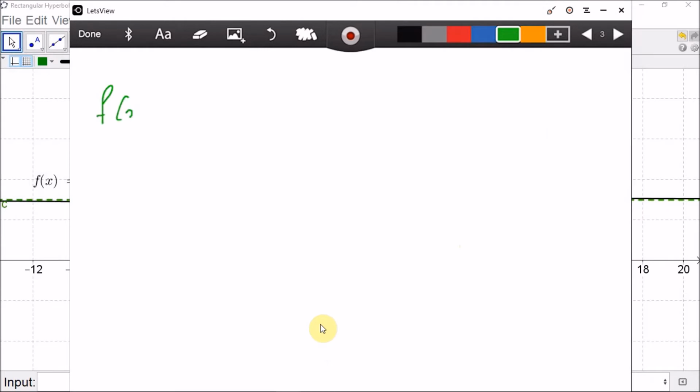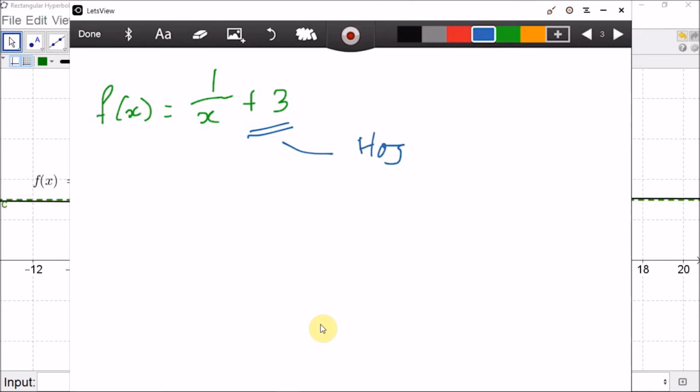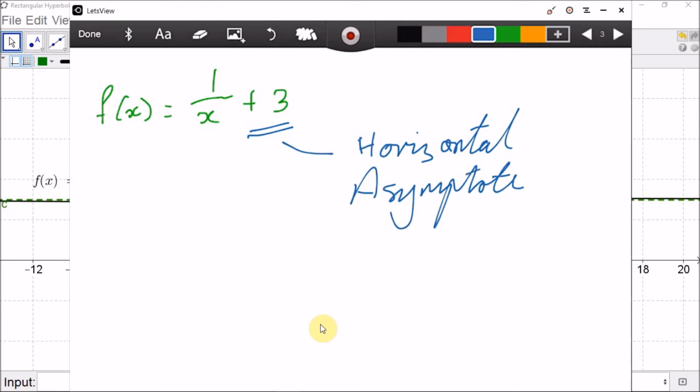Here we've got f(x) equals 1 on x plus 3. And so this plus 3 moves the graph up. And here we now have our horizontal asymptote at y equals 3.